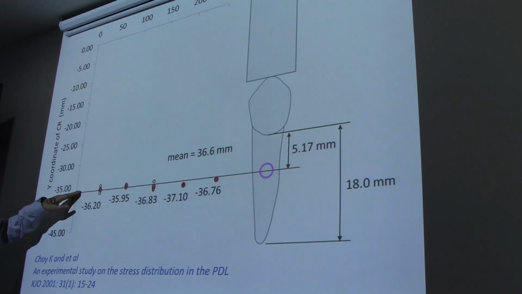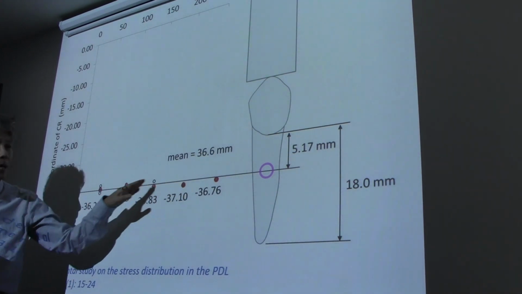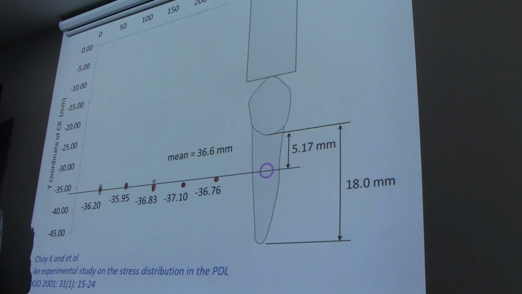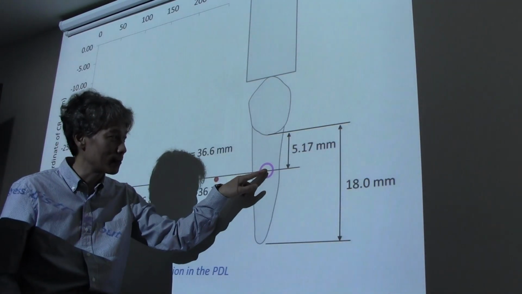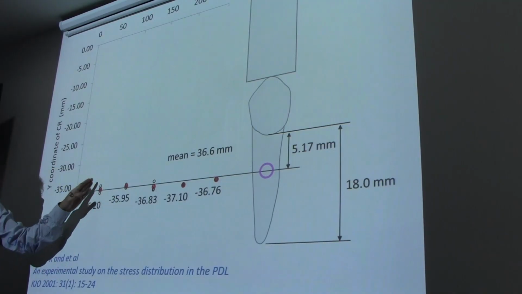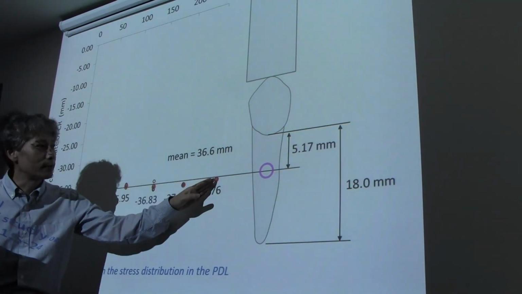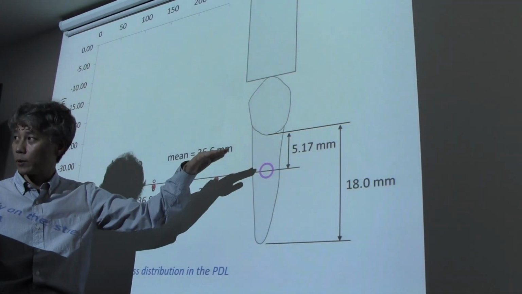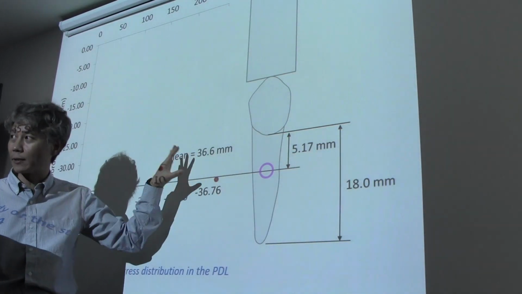The location of the center of resistance is independent from the magnitude of force, and even if you use a small force or large force, translation occurs, provided the same location is used for the force. So if the force is acting upon the center of resistance, the magnitude of force doesn't matter. 50 grams will translate, and 250 will translate also. The location of force is important, not the magnitude.